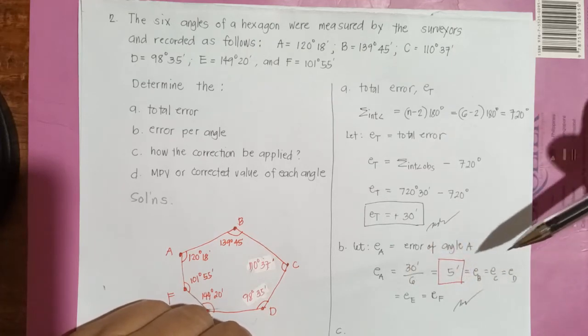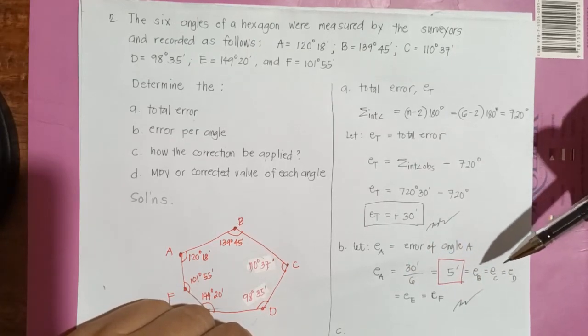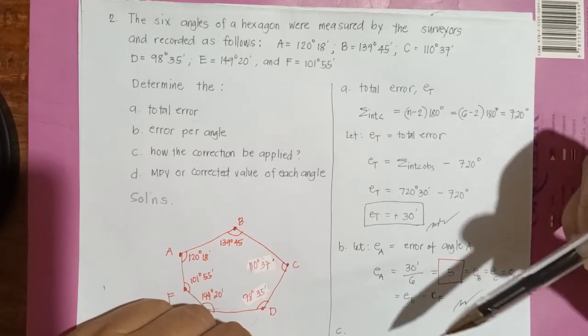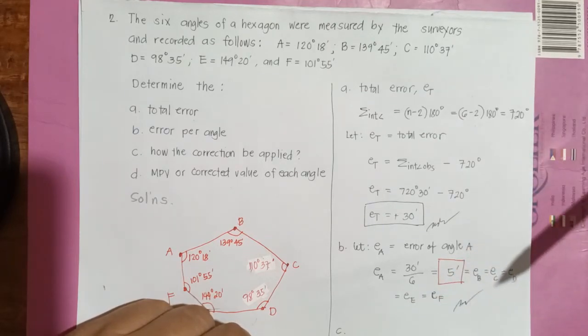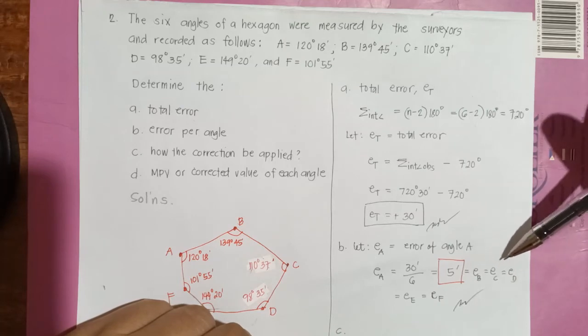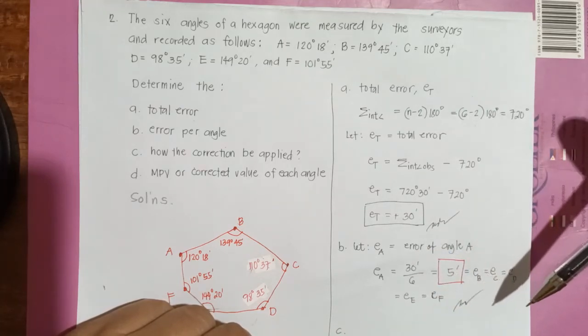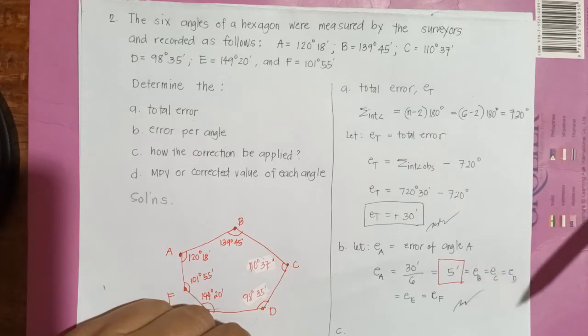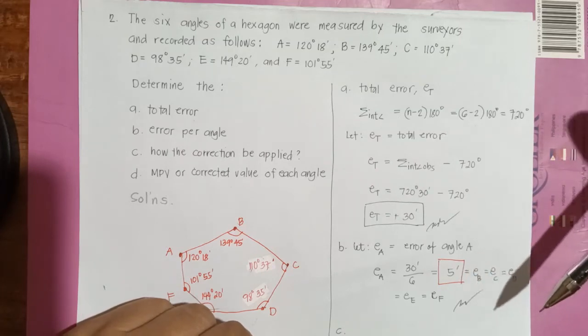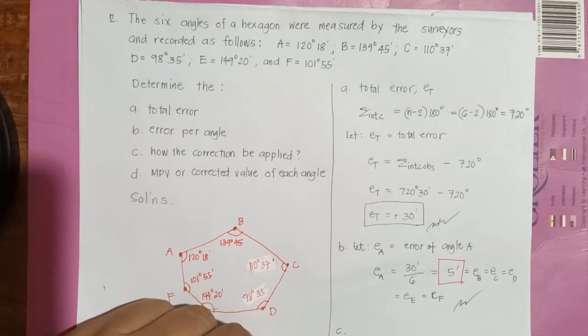For example, if your error is positive, the correction is negative. If the error is negative, the correction is positive. They have the same values, only their signs are reversed.